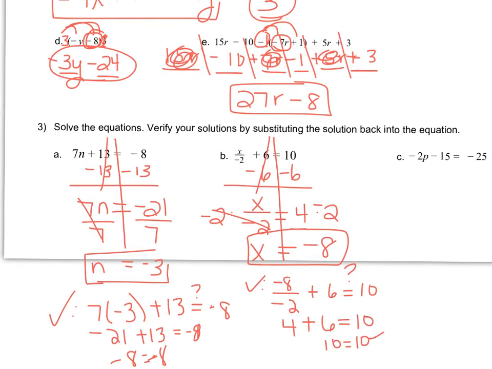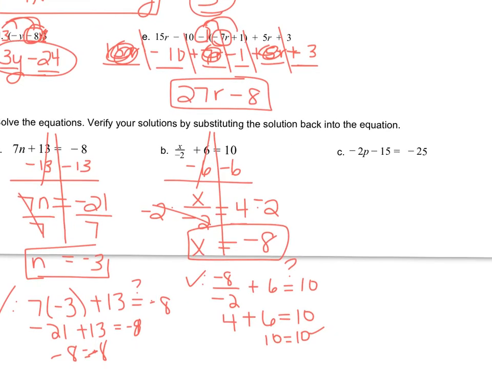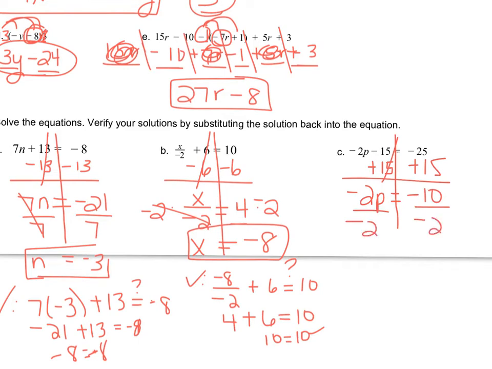And if I do part C, first thing I'm going to move is I got to move 15, so I'm going to add 15 to both sides. So I have negative 2p equals negative 10, and then I want to divide by negative 2. So p equals 5. How I got 5?